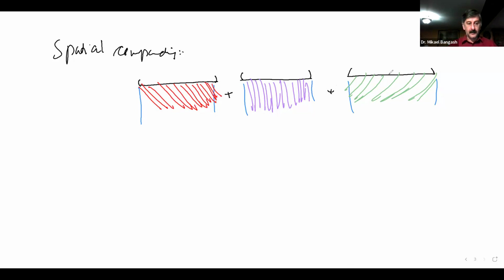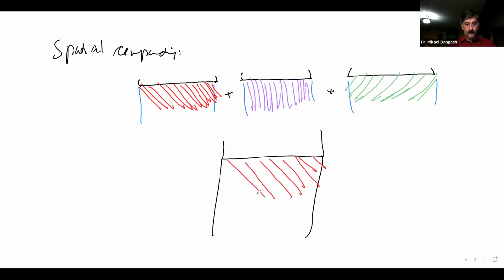So what we get as our final image, or compounded image, is going to be like this, where this is overlapped by this, which is overlapped by this.